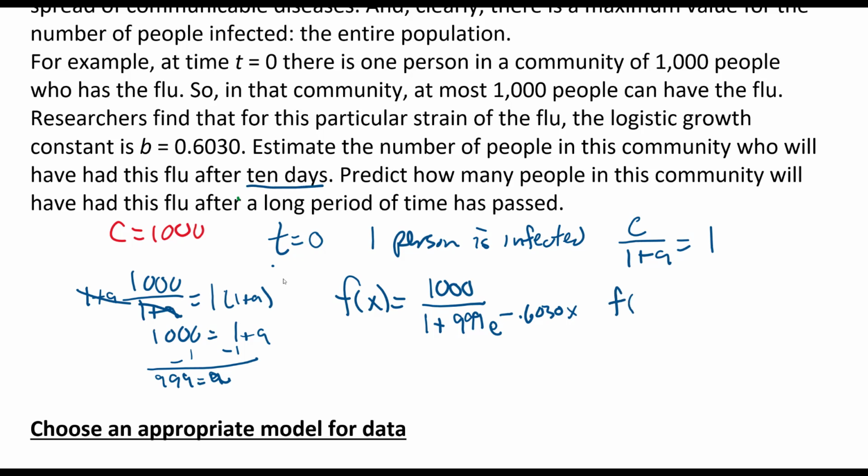So what is f(10)? It's 1,000 over 1 plus 999 e to the negative 0.6030 times 10. And that's going to be approximately 293.8. So we'll just say 294 people.